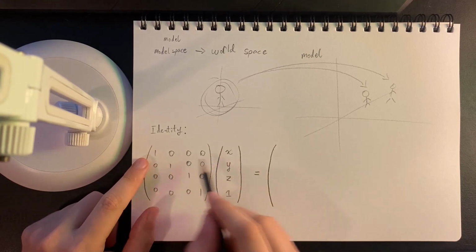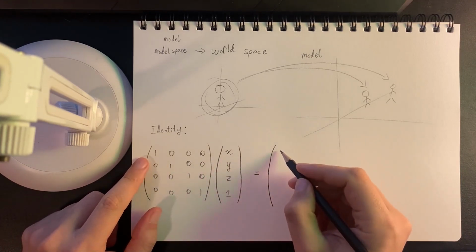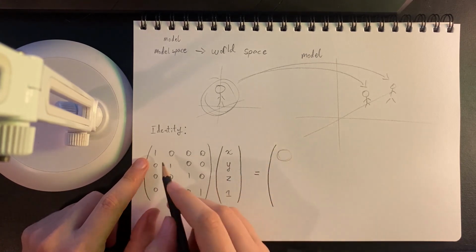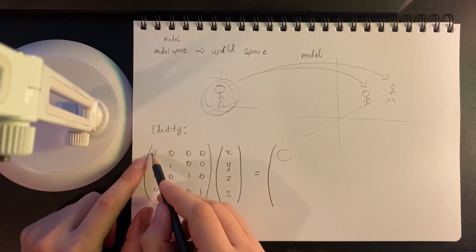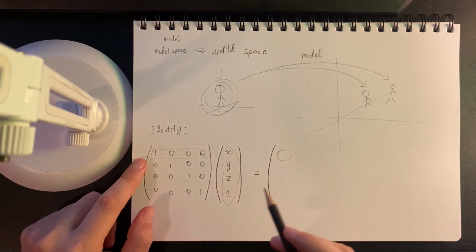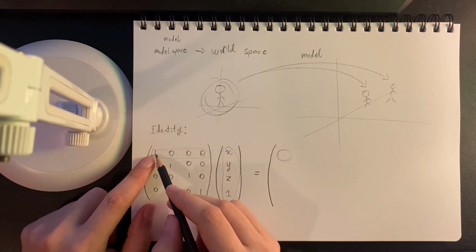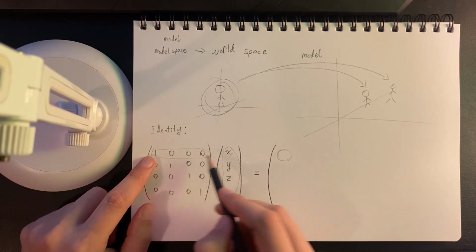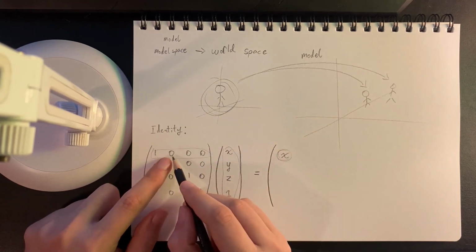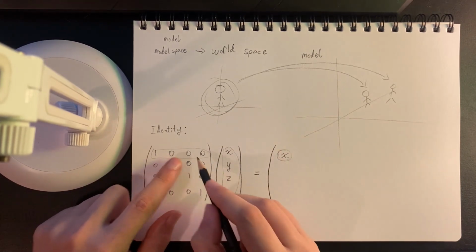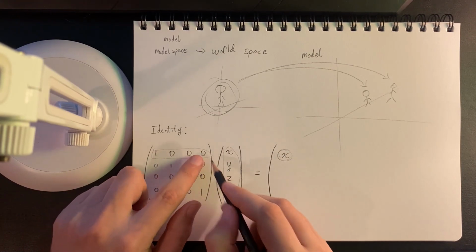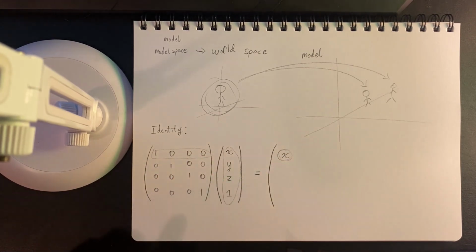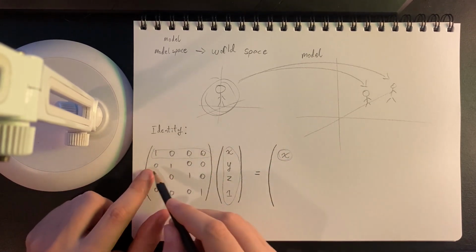So doing matrix multiplication, to get the first row, first column, we take the first row dot product with the first column. So we have component by component, 1 times x plus 0 times y plus 0 times z plus 0 times 1. So we can see the result is just x. Then we do the same thing.